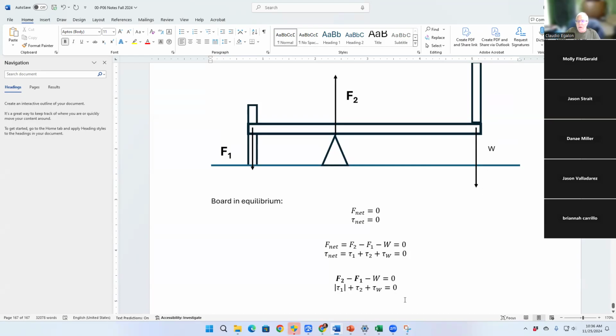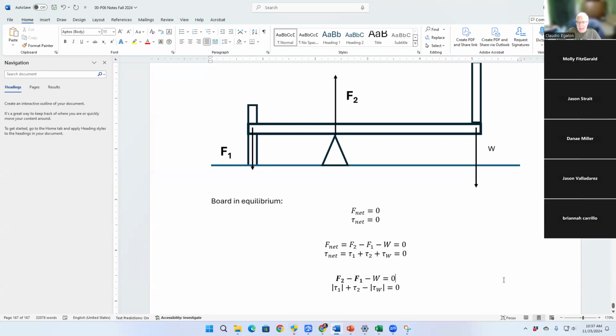Torque of the weight is clockwise, where I'm taking this point as being the point of rotation. You can choose whatever point you want, but you are better off choosing a point where one of the forces is applied to make it easier to solve this problem. This torque here is going to be negative, so I'm going to emphasize that by putting it within those two bars.